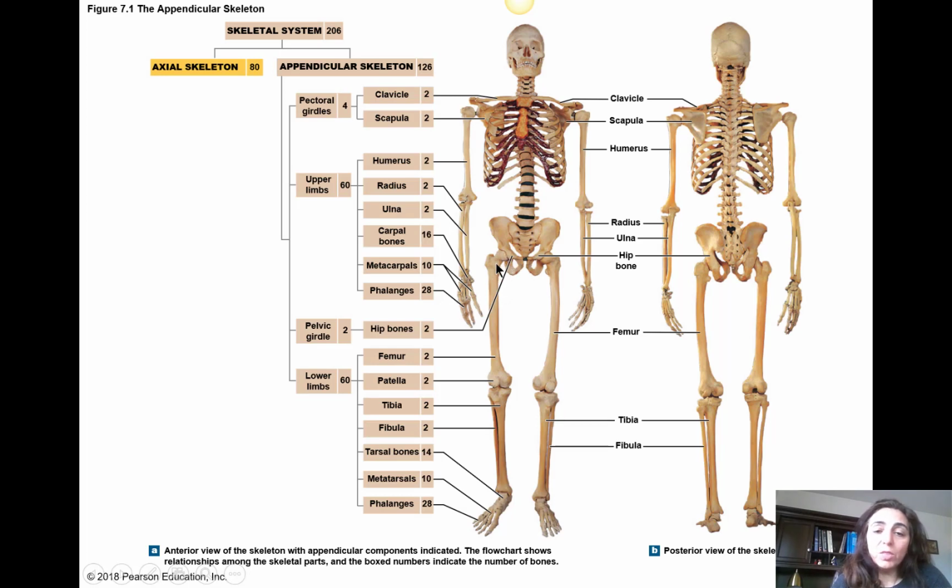Then we have the one single bone of the thigh, that is the biggest bone of the body, femur. We have 2 bones in the leg, tibia, the big one, and fibula, the smaller one. And then in the ankle, we have tarsal bones, they are 14 bones, 7 on each side. Then we have metatarsal bones, and then finally we have phalanges again in the digits.